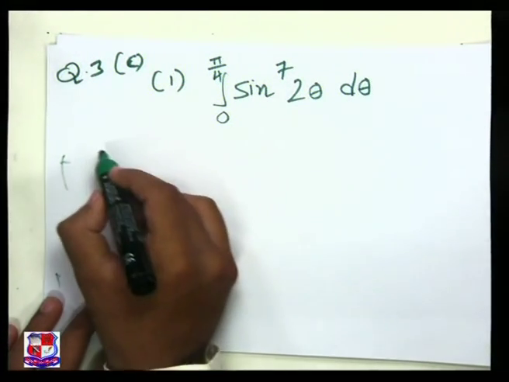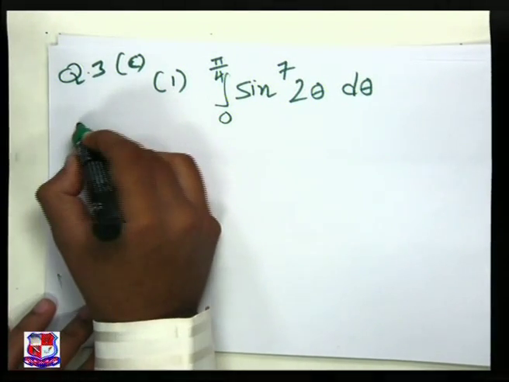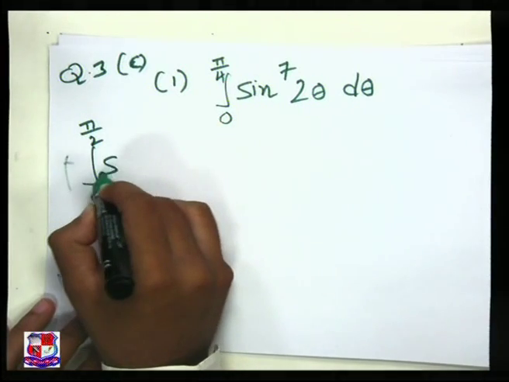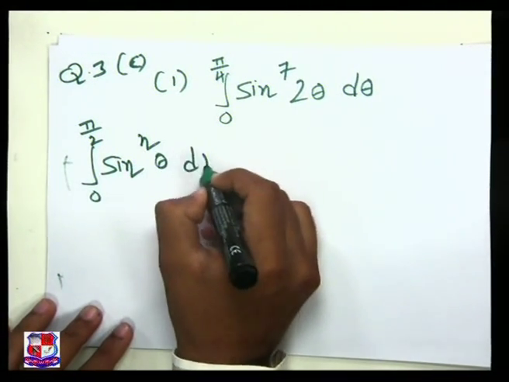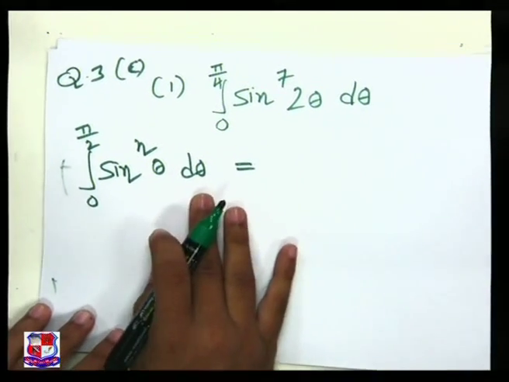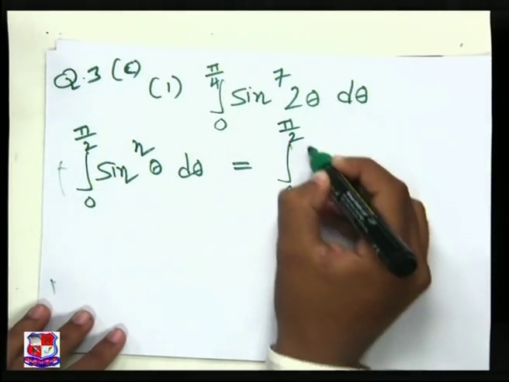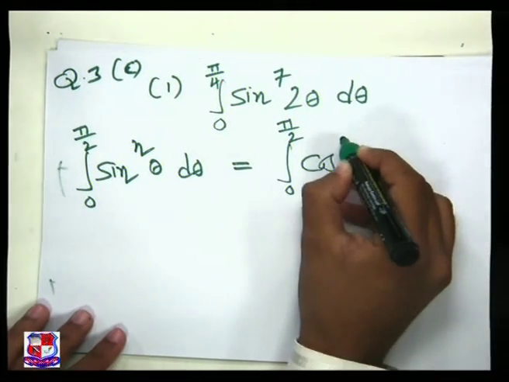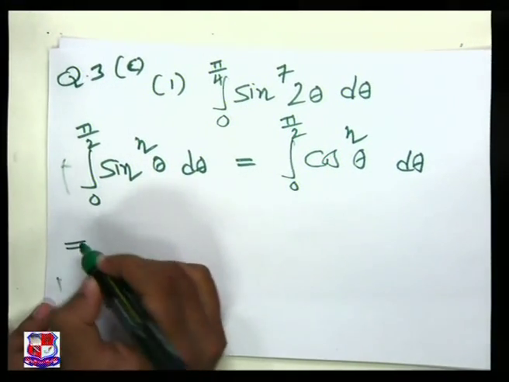Now here we apply this formula: integration from 0 to pi by 2 of sin theta raised to n d theta, and the same formula is applied for cos theta, from 0 to pi by 2 of cos theta raised to n d theta.